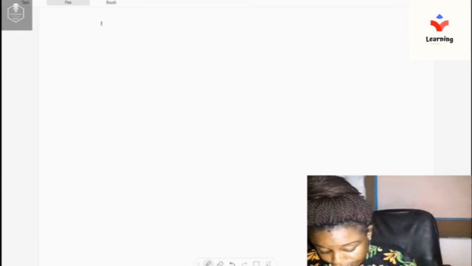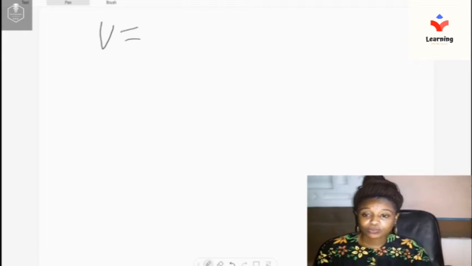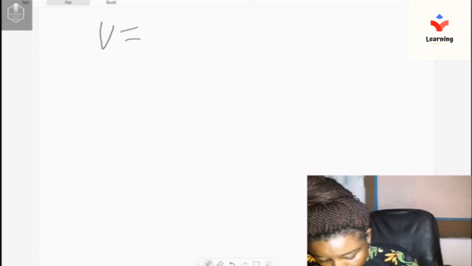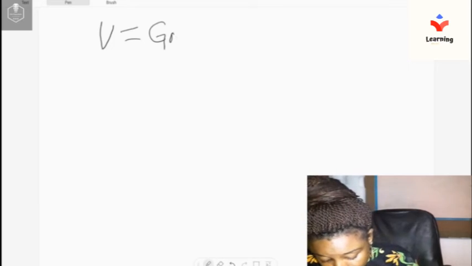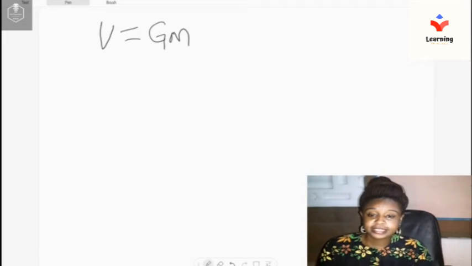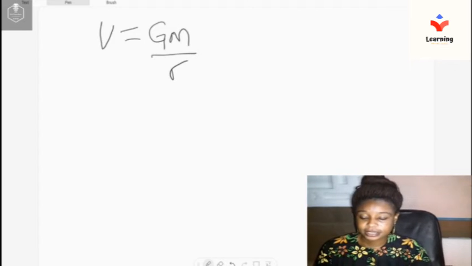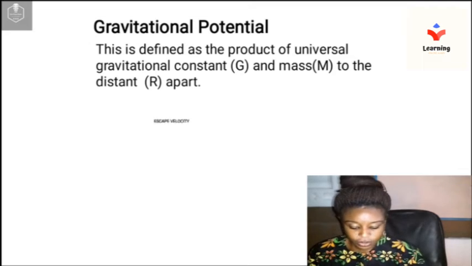We represent it with capital letter V, which equals the product of the universal gravitational constant G and the mass of the object, divided by the distance apart.